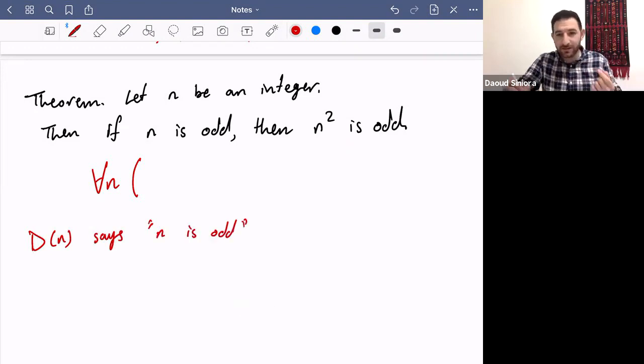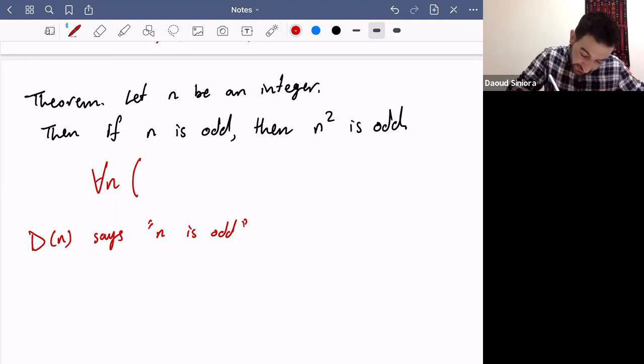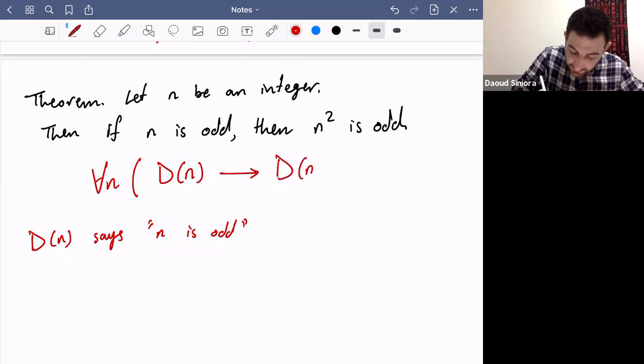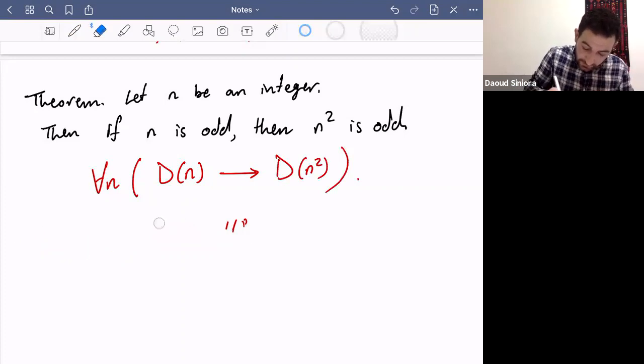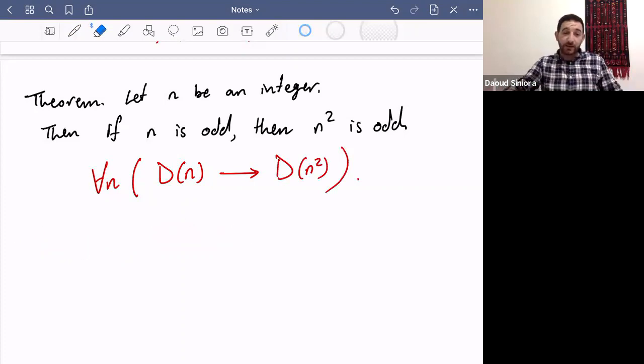Remember, a predicate is a descriptive statement describing a variable which becomes a proposition when we substitute a value for the variable. So this says for every n, if n is odd, then n squared is odd. This is the logical form of the statement that we want to prove.